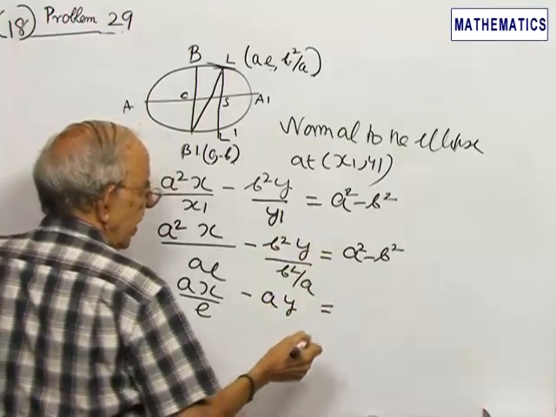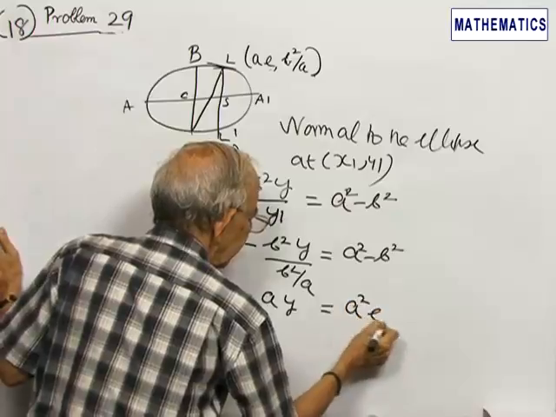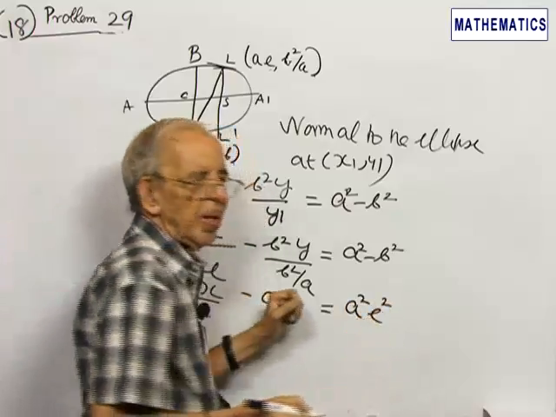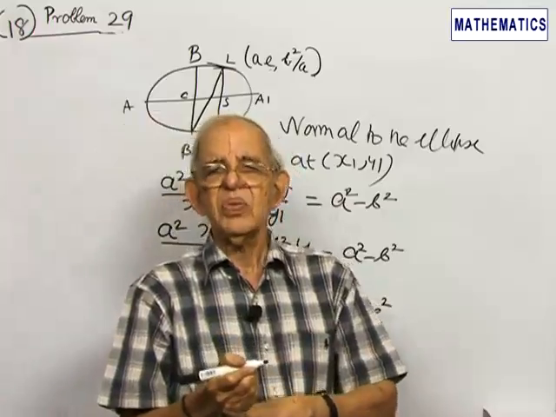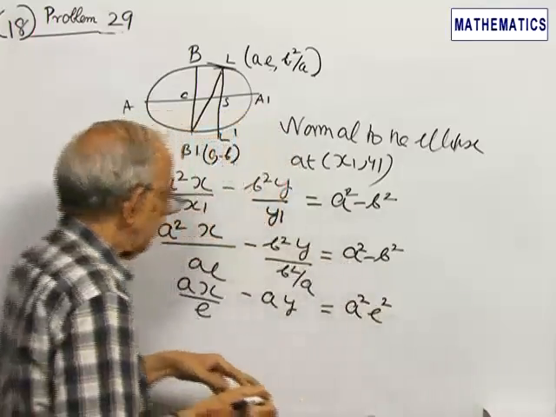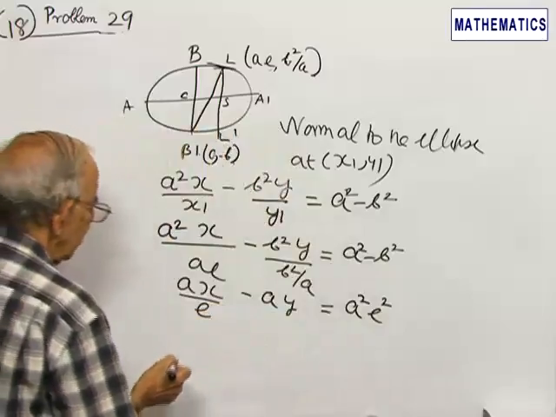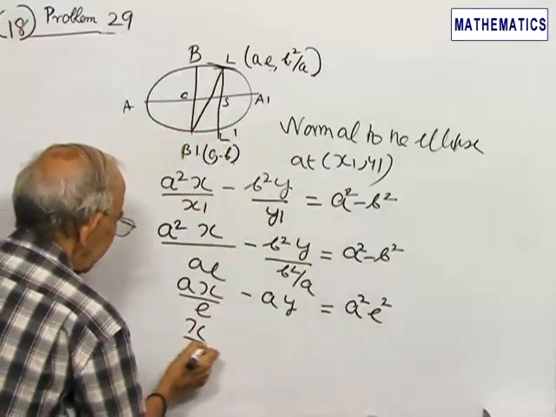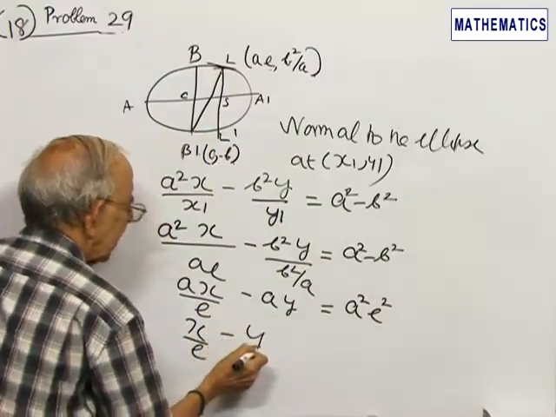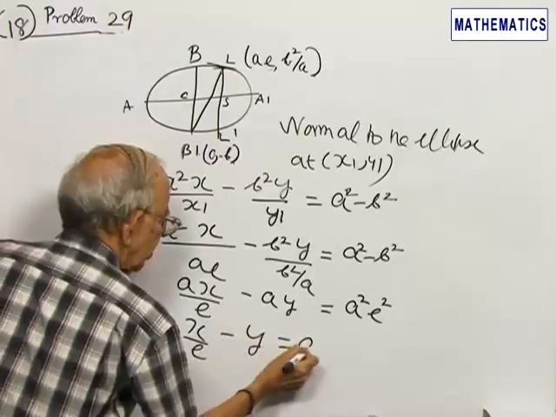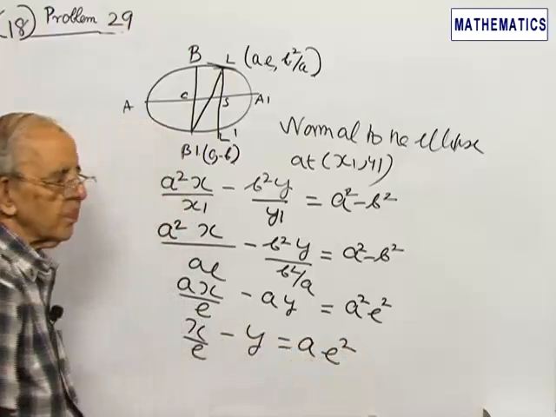And you know a squared minus b squared is a squared e squared, because b squared is a squared into 1 minus e squared. So cancel a throughout. x by e minus y is equal to a e squared.